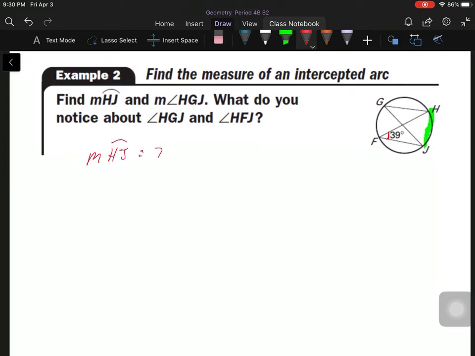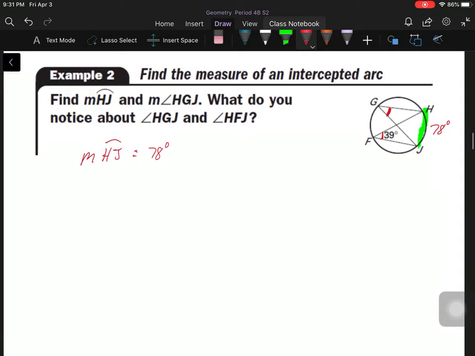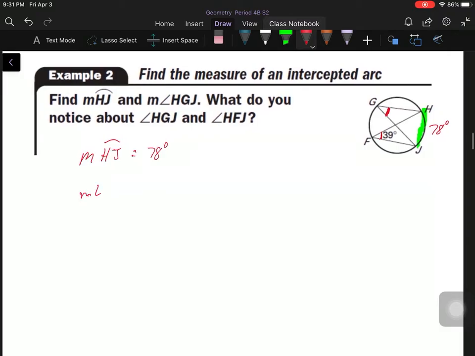Then it says find the measure of angle HGJ. So here's HGJ. And if this is 78, that angle also intercepts that same arc, so half of 78. The measure of angle HGJ is going to be 39 degrees.